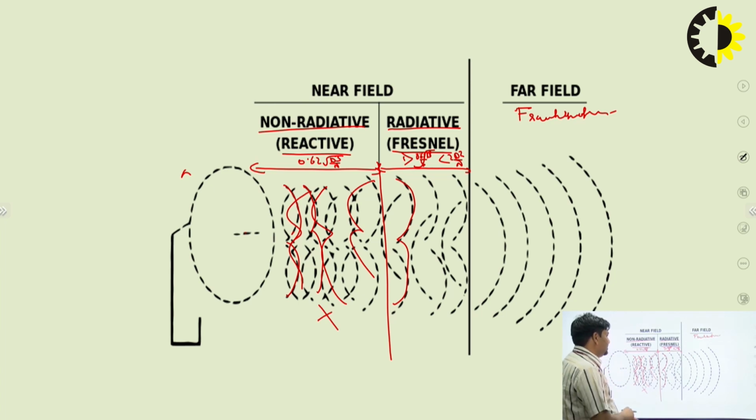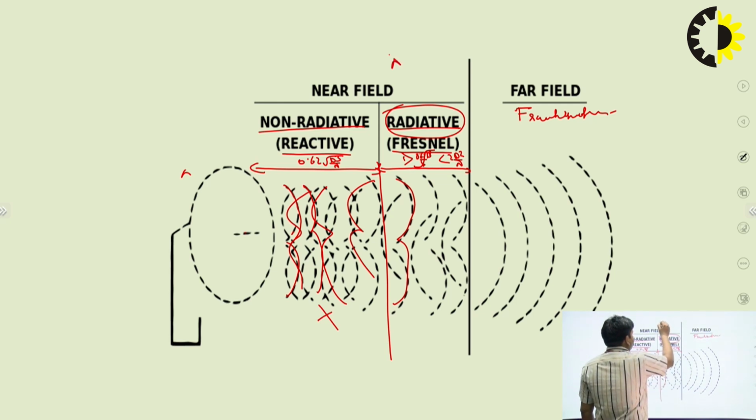In that case, many applications are used in the near field radiative region. For example, in a local area network or a home automation system, we have to use the radiative Fresnel region. There the antenna height or connectivity distance is measured to be less than 2D squared by lambda and greater than 0.62 under root D cubed by lambda, where lambda is the wavelength of the frequency transmitted by that antenna.